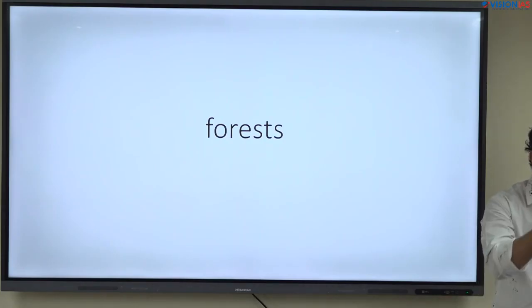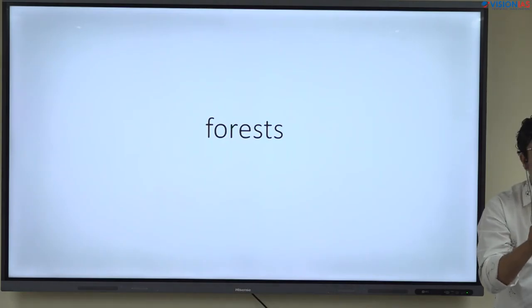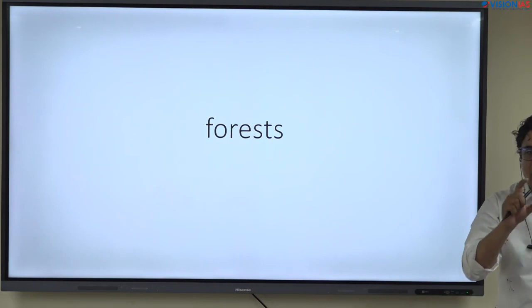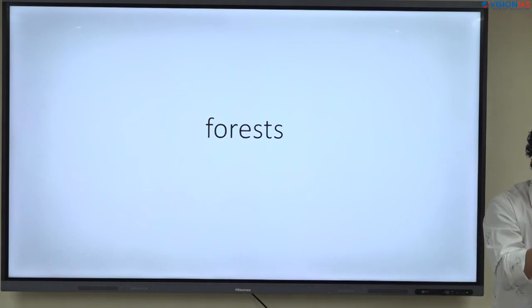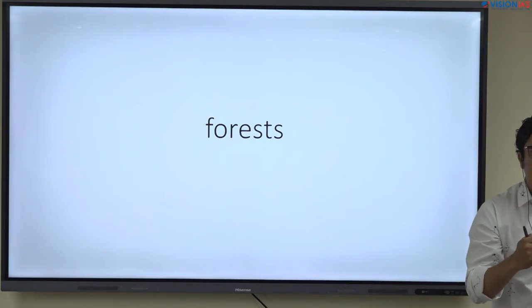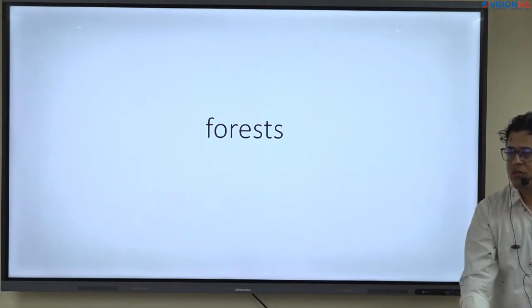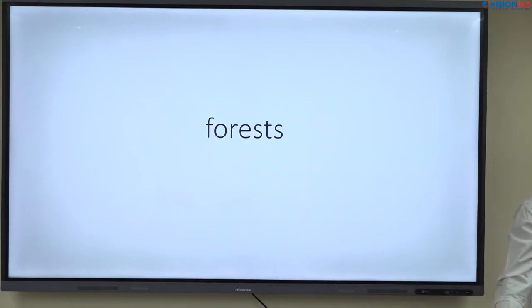Next hint, they will give you the names of the species found in the forest. Species, trees, not animals, trees. By going through these hints, you have to tell which type of forest they are talking about. They will give you 4 options, and out of those you have to select the forest type these hints are related to. So this is the most common pattern of asking questions from this topic.